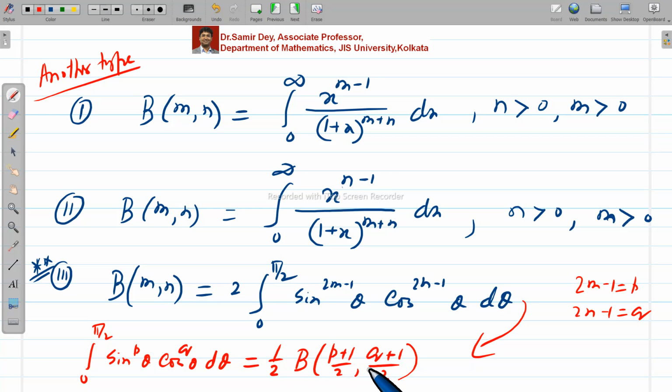Now please write down. These are the different forms already discussed. Now I'll give some properties.